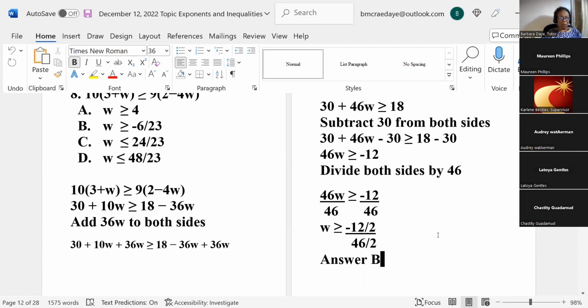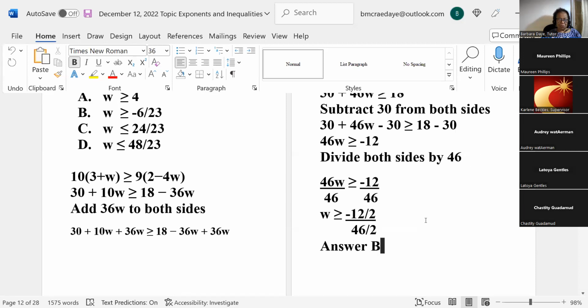So if you divide what you got by 2, you get exact answer B. 2 in the minus 12 is a minus 6. 2 in the 46 is a 23. Got it? Audrey, that answer your question?